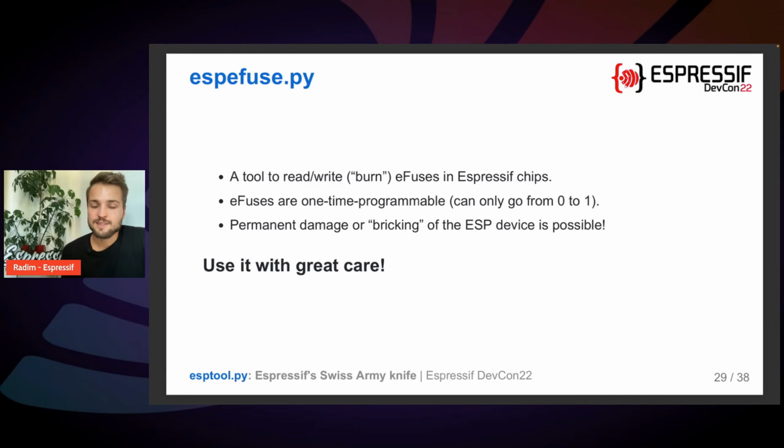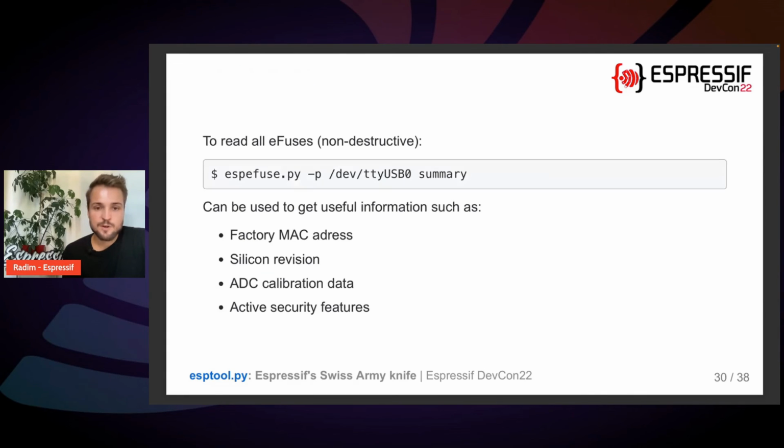So that's why it's quite possible to permanently damage or brick your ESP device if you burn eFuses that you shouldn't have burned. So that's why we say to use the tool with great care and only if you know what you are doing.